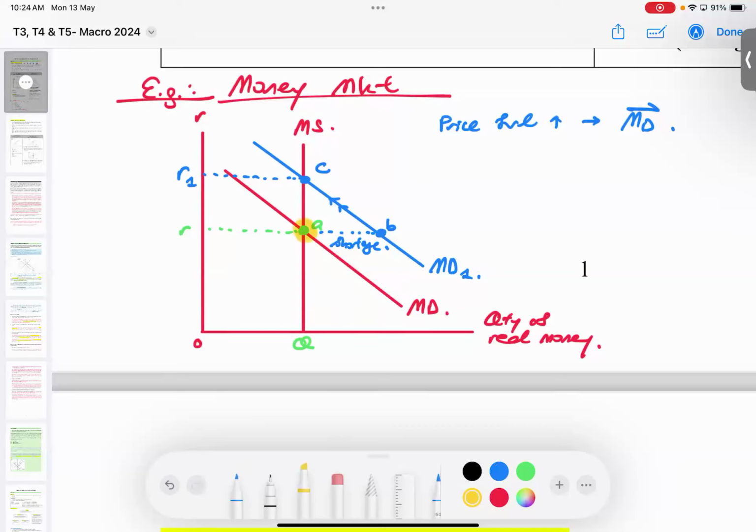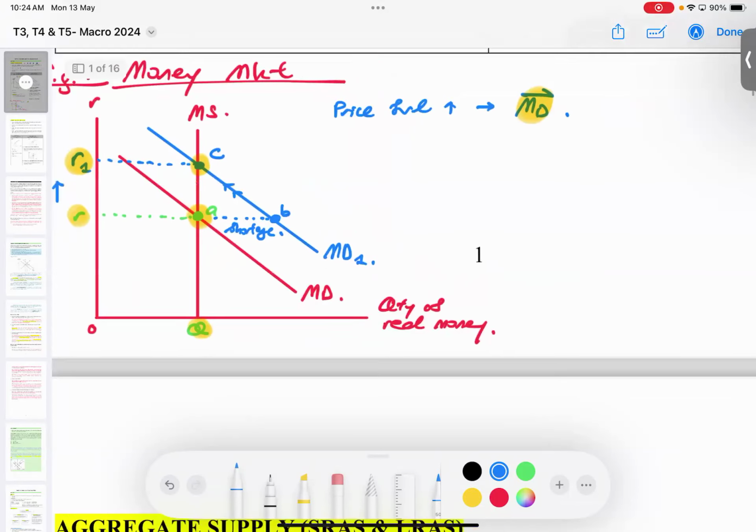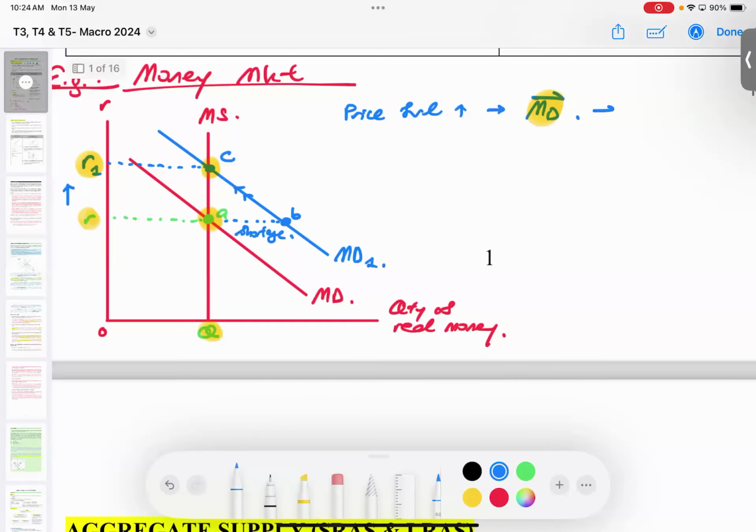From the initial point A, after the increase in money demand, it results in the new equilibrium at point C, where the interest rate is now higher. So when the price level is high, the money demand will increase, and that results in a higher interest rate.